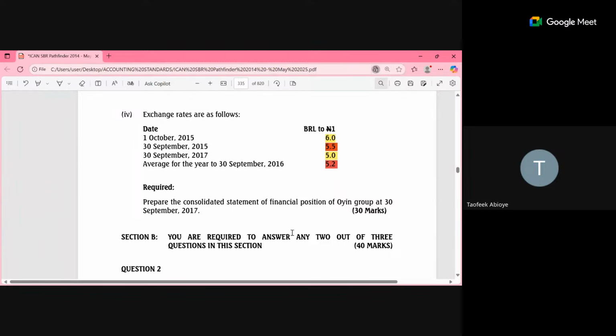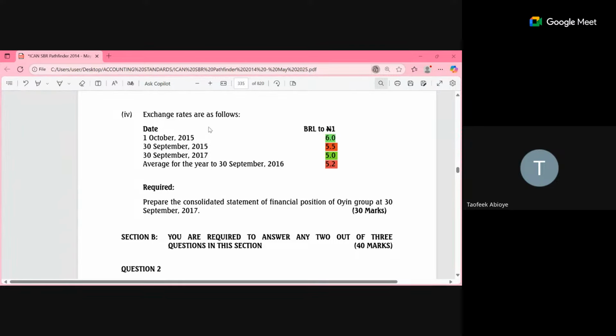That is the date of consolidation. Then the average rate. So all these average rates we don't need. All we need is the ones I highlighted in yellow. We need those two, very, very important. We needed the green one, the date of acquisition, and the date of consolidation. Now, let me quickly ask a question.